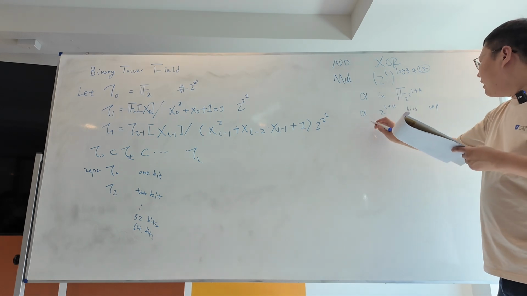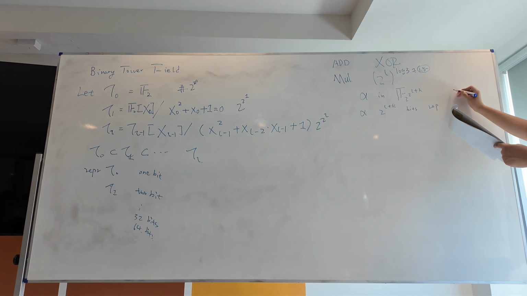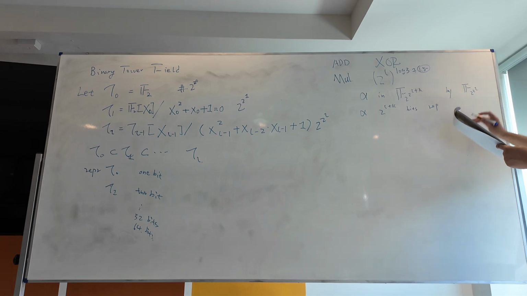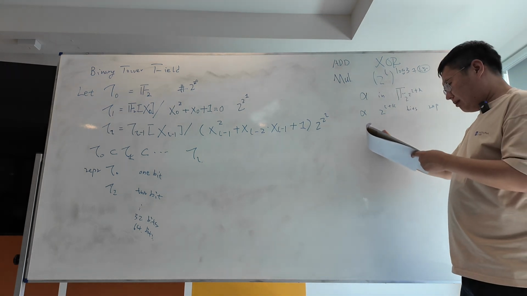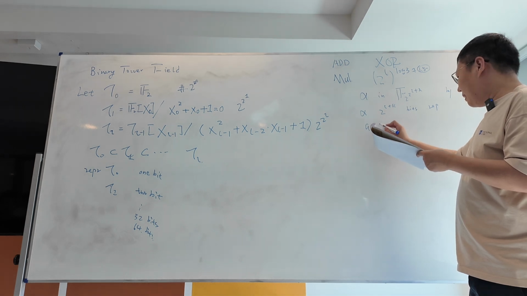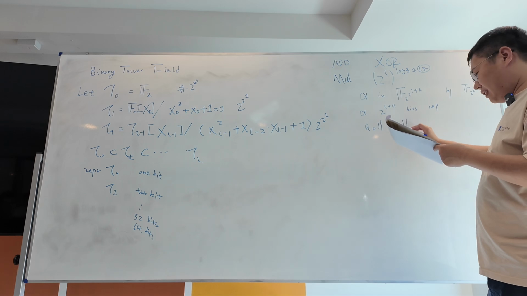And let's represent it in here. So we can group alpha's representation. So this will be a concatenation of strings.